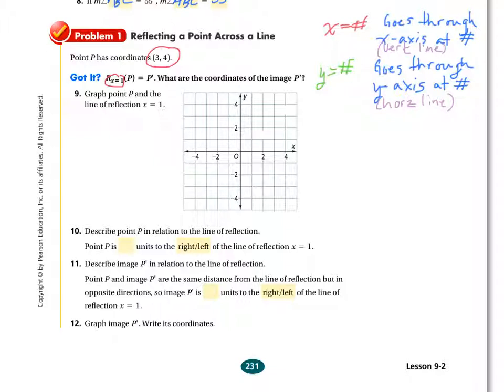So here's our vertical line going through the x-axis at 1. And it is a dashed line because technically it is not part of the graph. And so this is x equals 1. And we're going to plot the point P at positive 3, positive 4, which is right here, and we're going to label that point P.